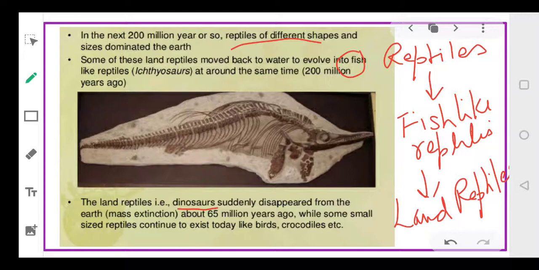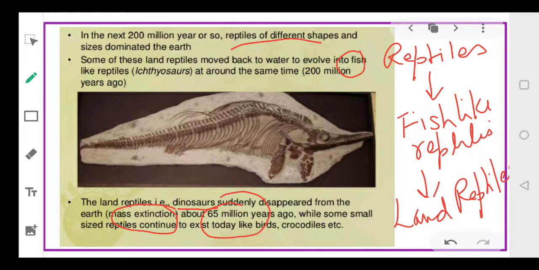And then something happened on the surface of the earth, and these dinosaurs became extinct. They went extinct completely from the earth's surface suddenly. This is called mass extinction, and we don't know the exact reason how this happened. This happened around 65 million years ago.